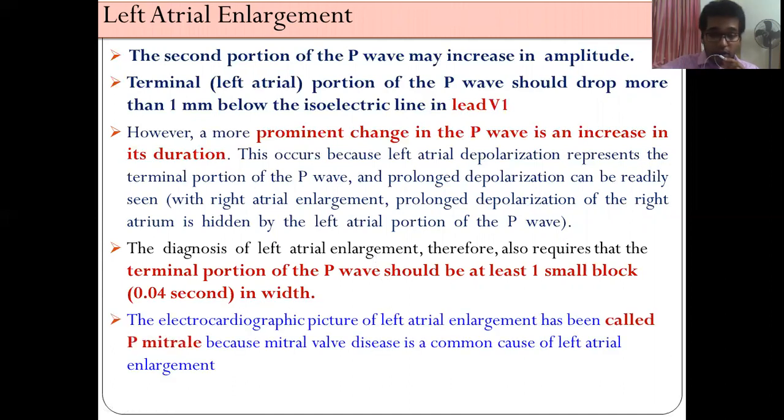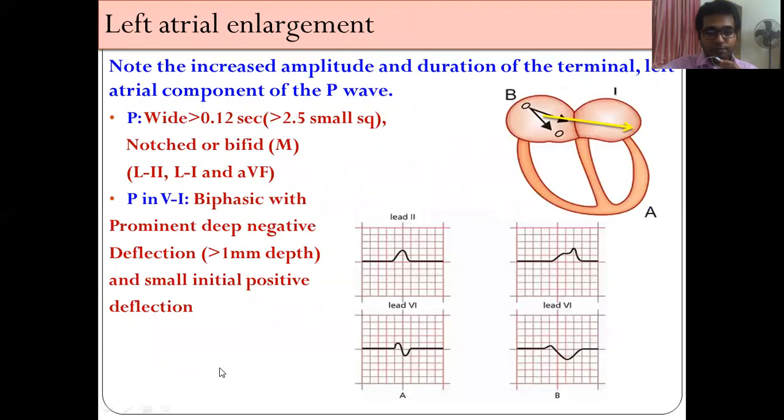The electrocardiographic picture of left atrial enlargement has been called P mitrale, because mitral valve disease is a common cause of left atrial enlargement.